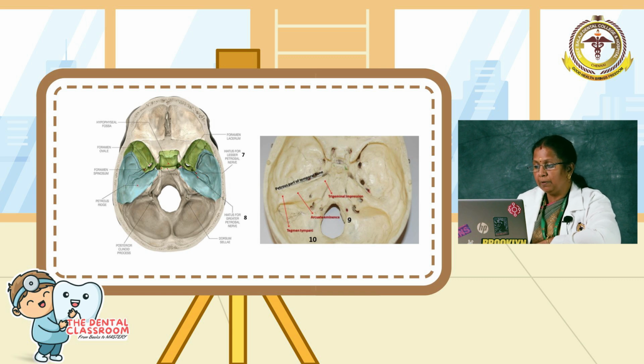In front of the petrous part of temporal bone, we see 2 very thin small grooves, the hiatus for lesser petrosal and greater petrosal. The greater petrosal hiatus is very near the petrosquamous fissure, which opens into the foramen lacerum. The hiatus for lesser petrosal will open into the foramen ovale.